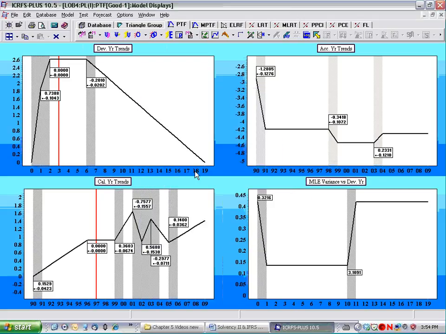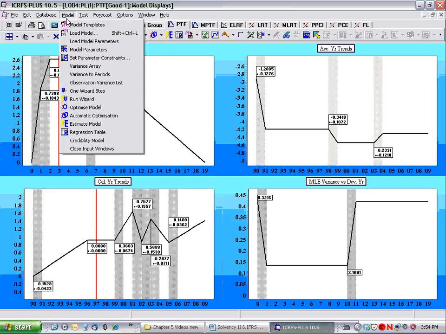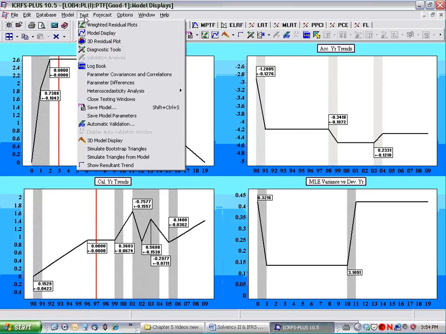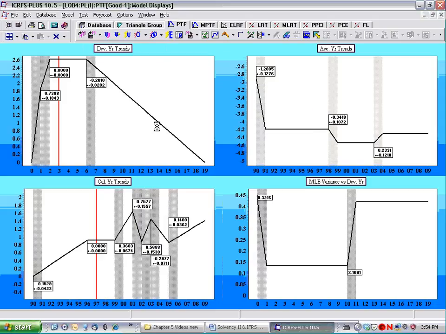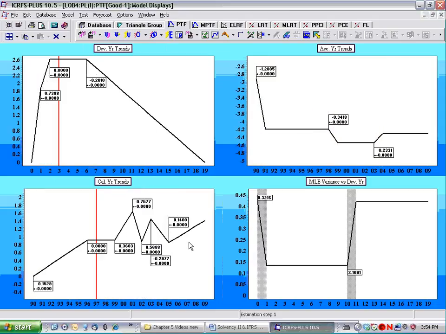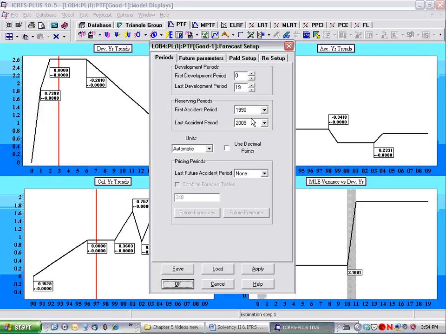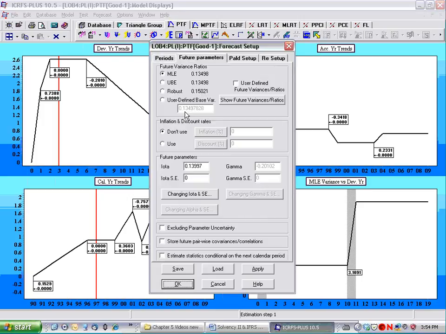Let's now load model parameters. Which is also good. You notice that all the standard deviations, all the uncertainties of volatilities in the parameters are set to 0. If I now go and do a forecast and go to future parameters, make the process volatility or variance, say close to 0, so hardly any.